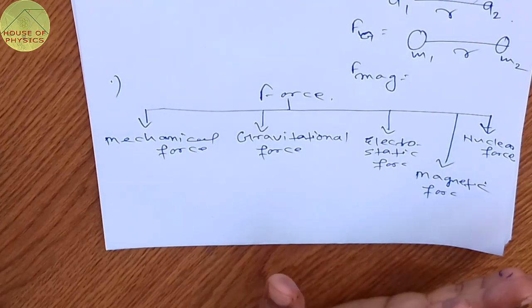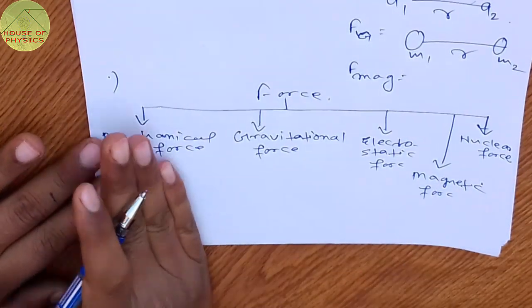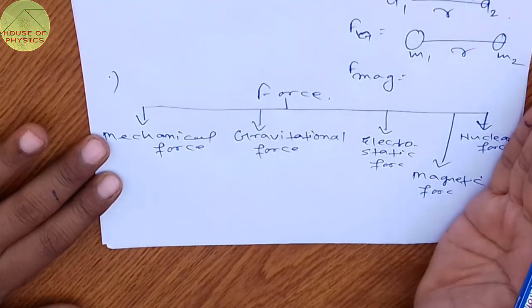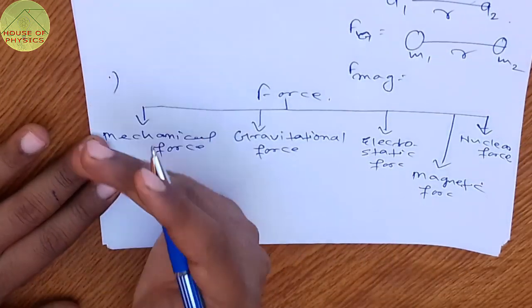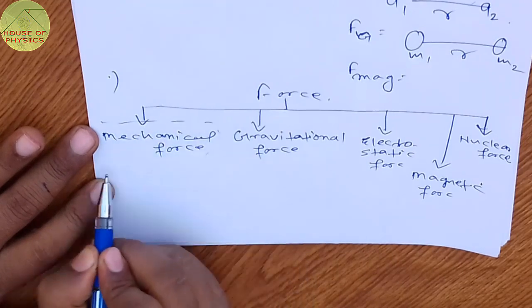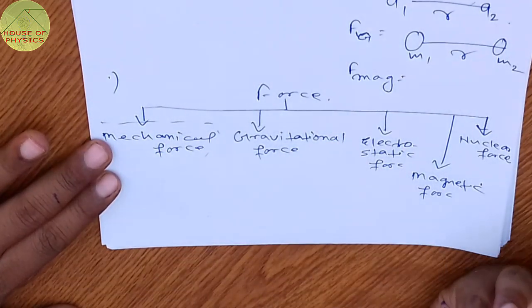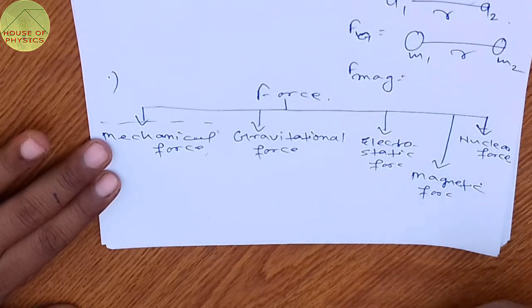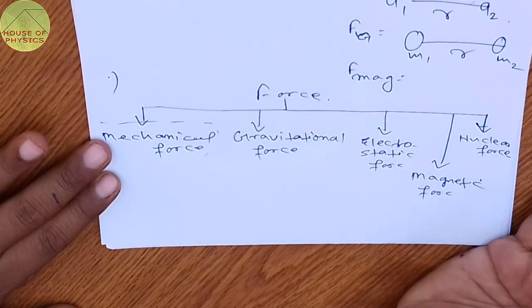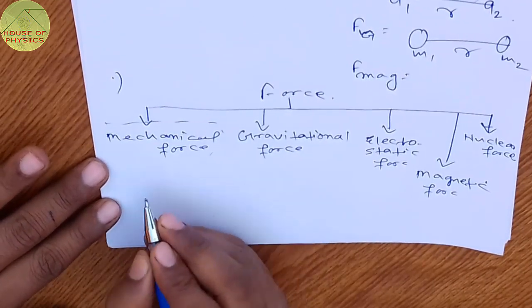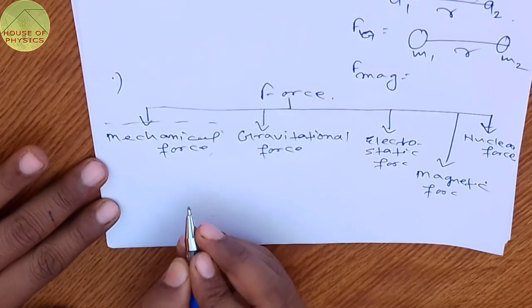Out of this categorization of mechanical, gravitational, electrostatic, magnetic and nuclear force, we will be studying here only the mechanical force section. Gravitational force will be studied in the gravitation chapter, electrostatic further on, magnetic in another chapter, and nuclear force in modern physics. So mechanical force is categorized again in the following ways.